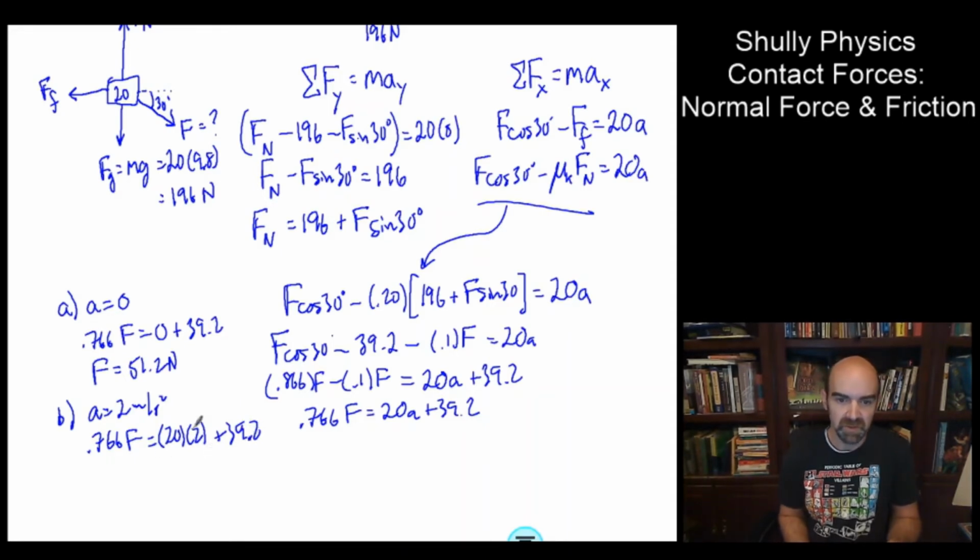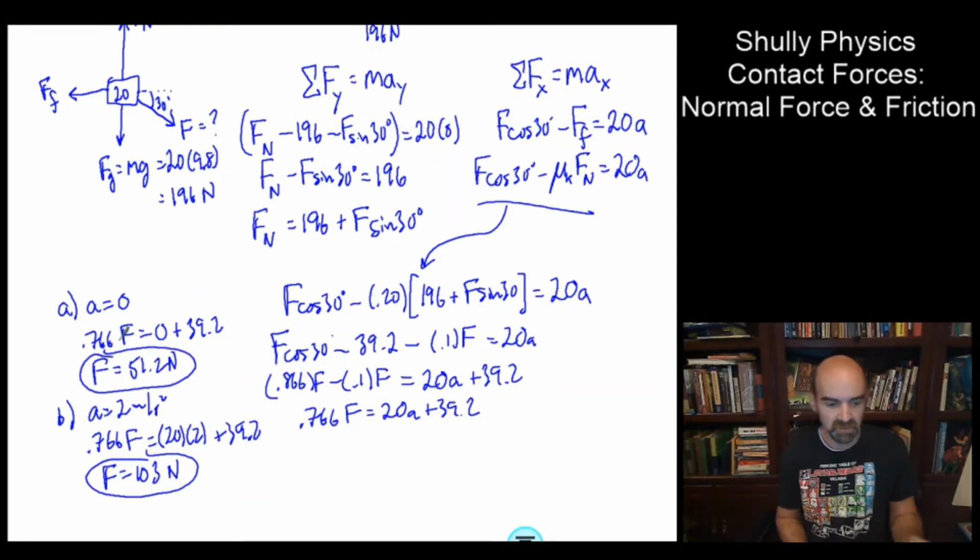So that'd be 40 plus 39.2 is 79.2 divided by 0.766. And I got 103. So F is now 103 newtons. All right, there they are. Solved for both of them.